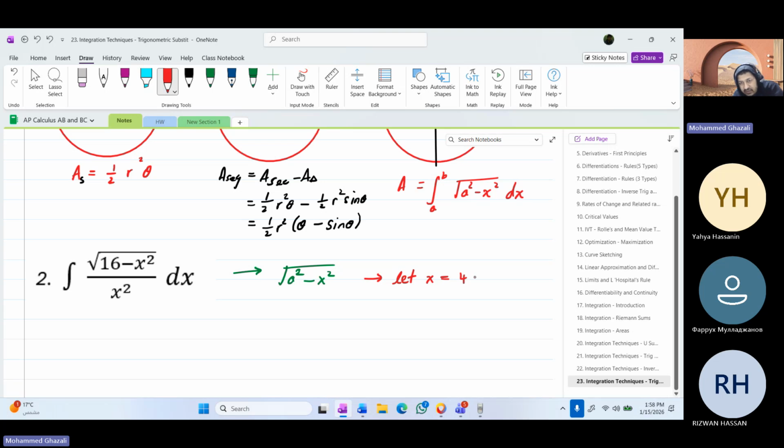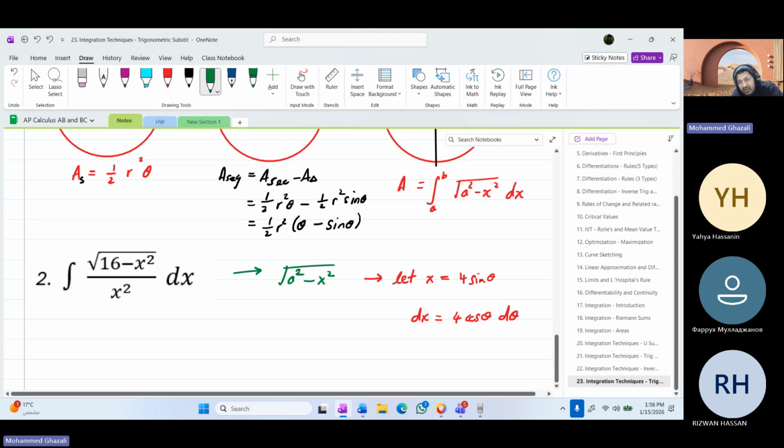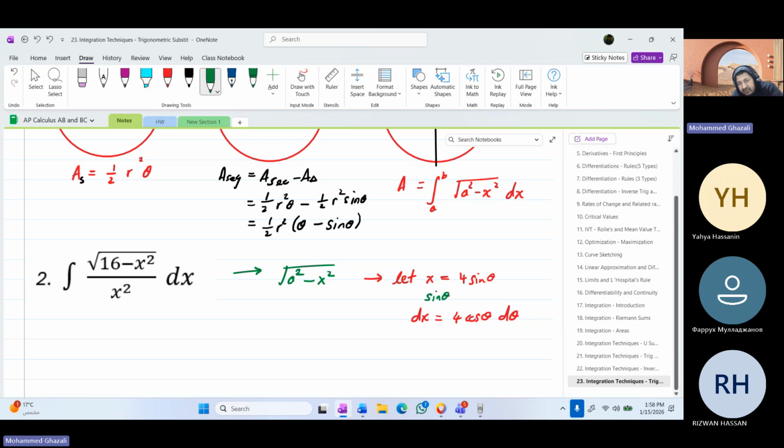That's what it is. 4 sine theta. So what is dx? Dx is 4 cos theta d theta. Right. So now we have that. Remember what is sine theta? Solving for sine theta, it is x over 4.